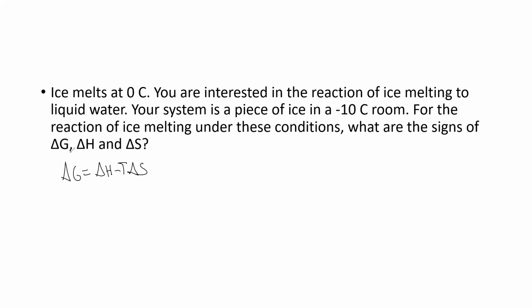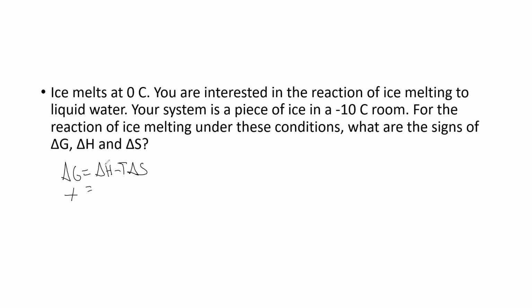Negative is spontaneous, 0 is equilibrium, positive is not spontaneous. If ice melts at 0 and we're in a -10 room, will ice melt? No, it won't. So this process, as I described, is non-spontaneous. So delta G is a positive value for this reaction.